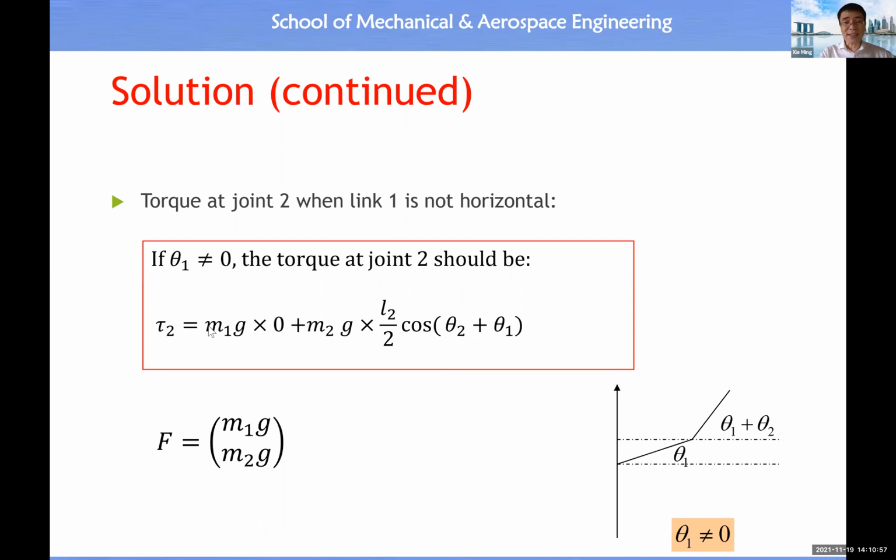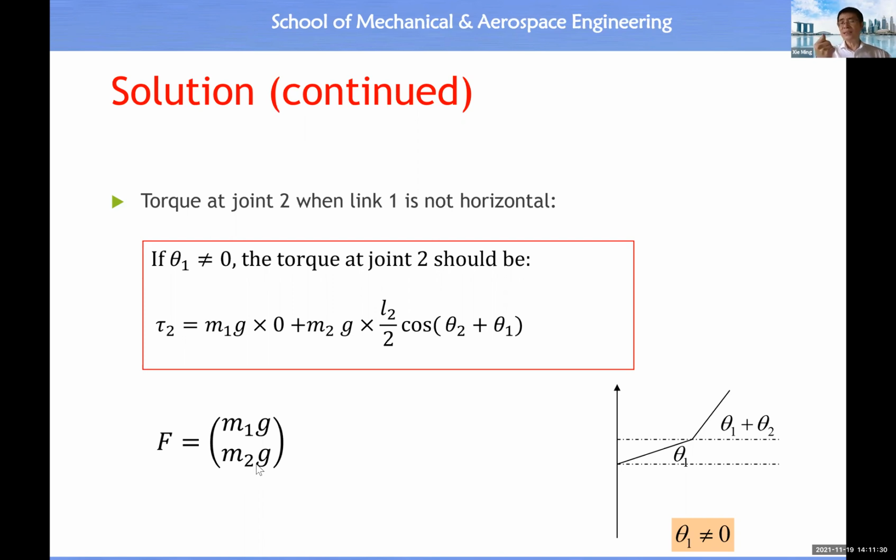And here you can always imagine this one also depends on M1G, but however you multiply this by 0. This is just for mathematical convenience. Therefore, this equality could be written in the form of multiplication between vector 0 and this one times this vector, because I can put M1G and M2G together to form this force vector.